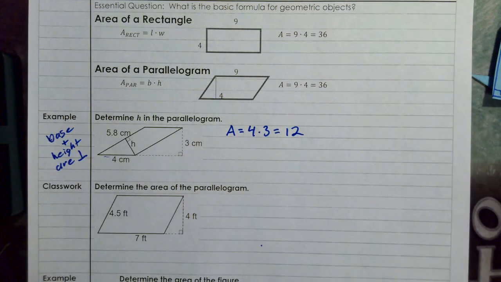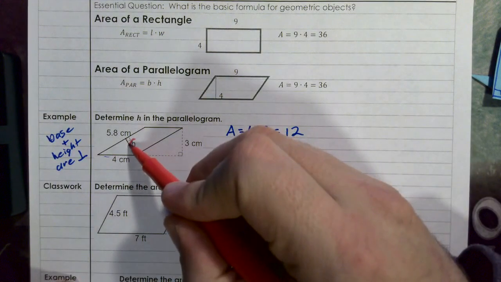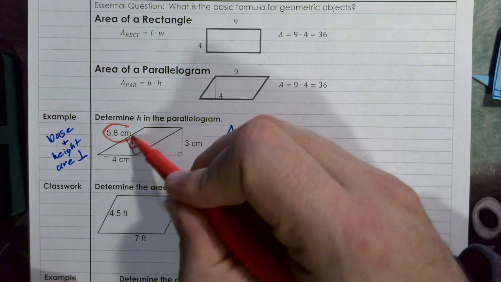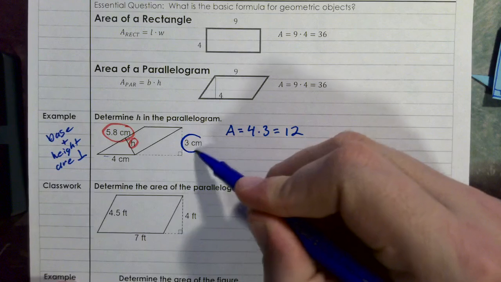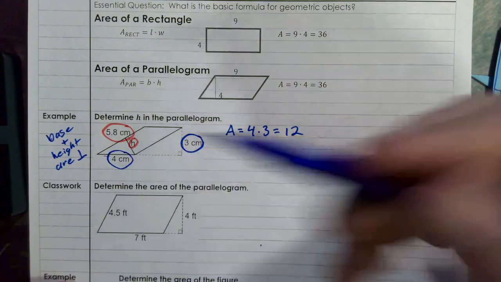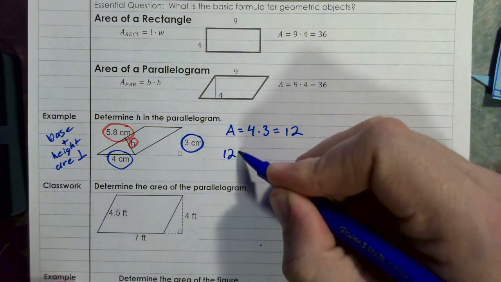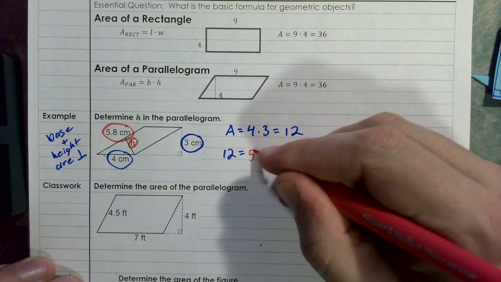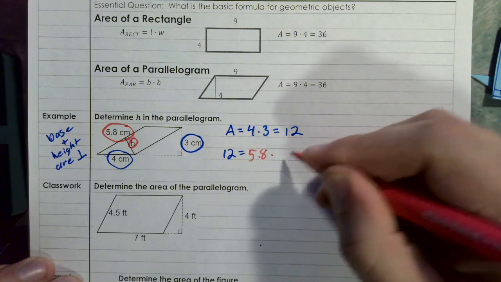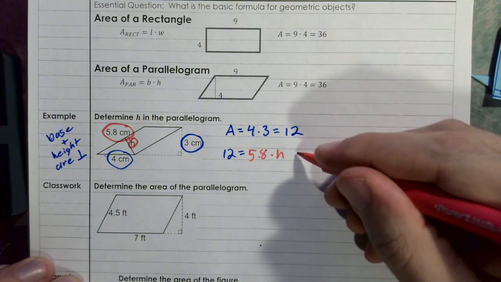I can use that same idea to figure out what this h is and the 5.8 by still finding the area again. The area should be the same if I use those red numbers as I did when I found the area with these two blue numbers. So that 12 should be the same as finding the area with the other two. So 5.8 times whatever the height is.